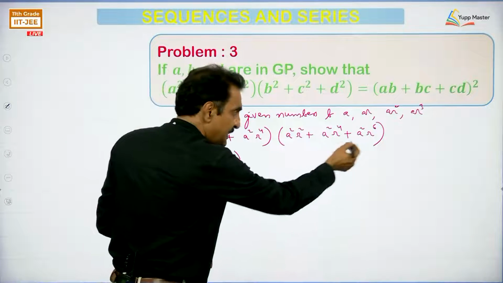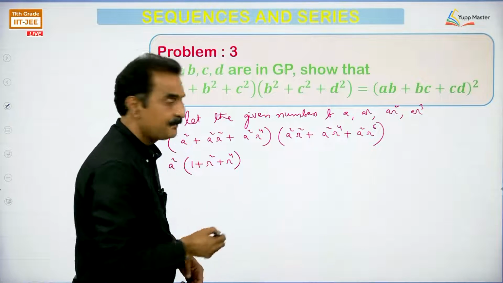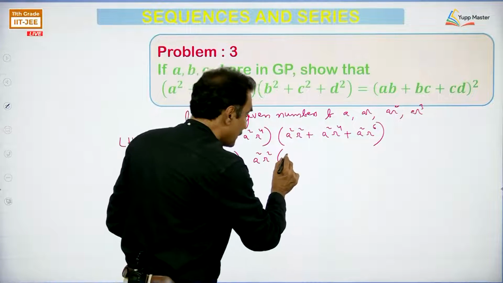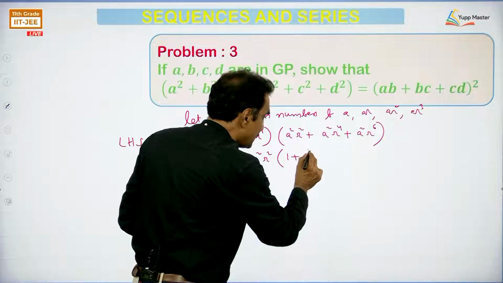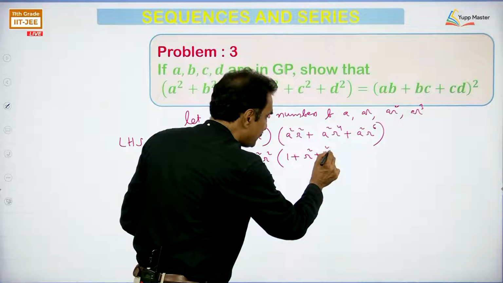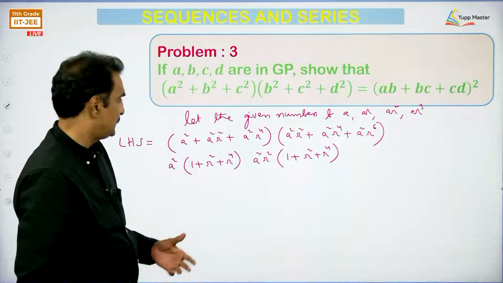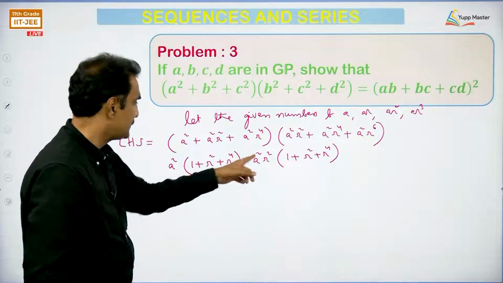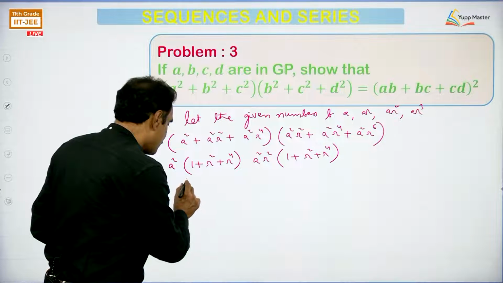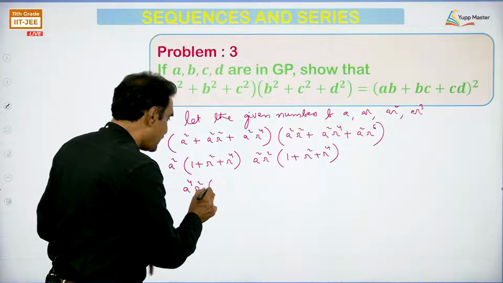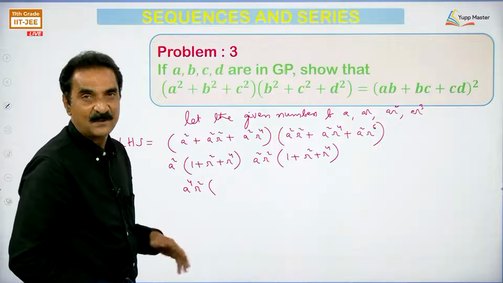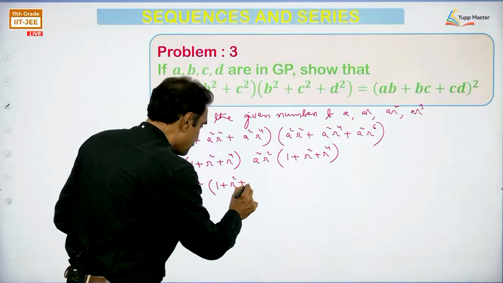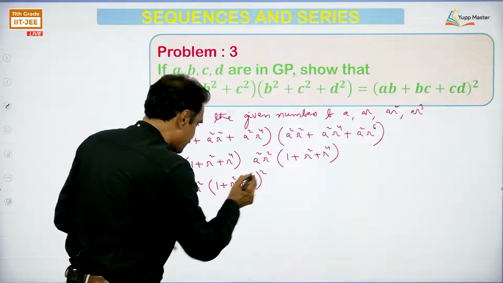Here taking a square r square common, a square r square into 1 plus r square plus r power 4. Then this into this can be written as a whole square. This into this is a power 4 r square into 1 plus r square plus r power 4 whole square.